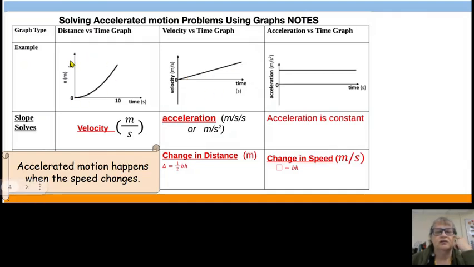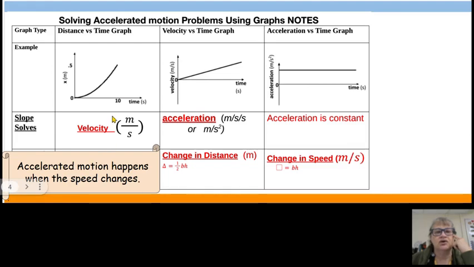The position-time graph is a parabola or half of a parabola, so it's got that curve to it. And then the acceleration-time graph, the acceleration is a horizontal line, usually above or below 0.